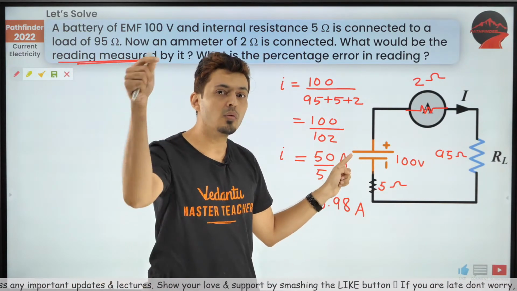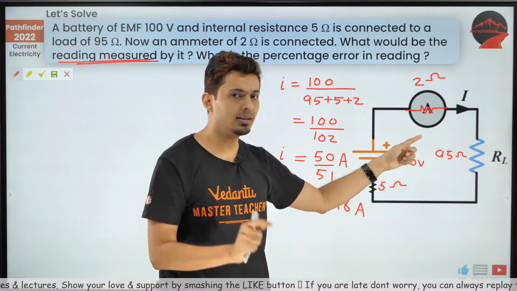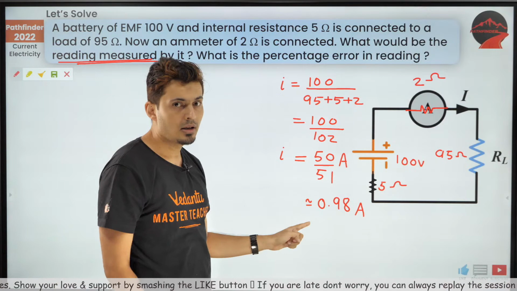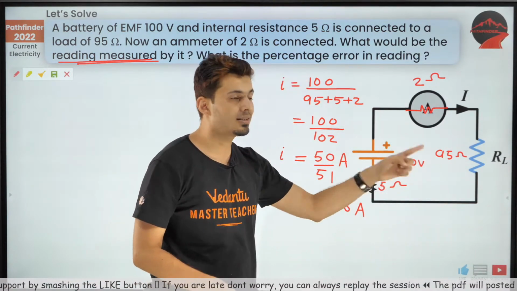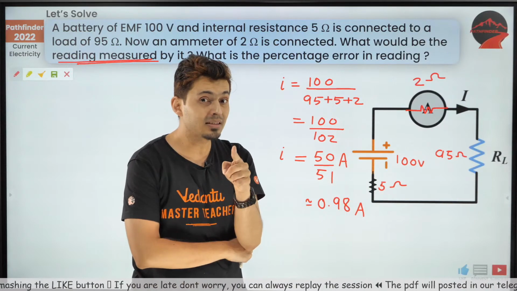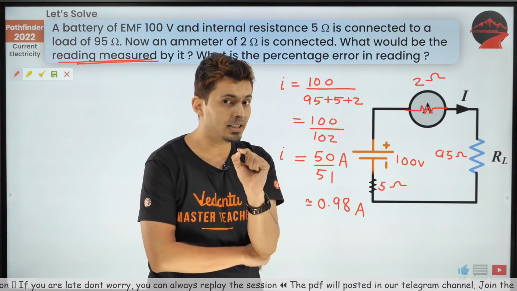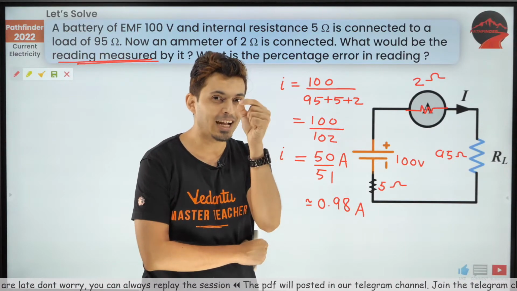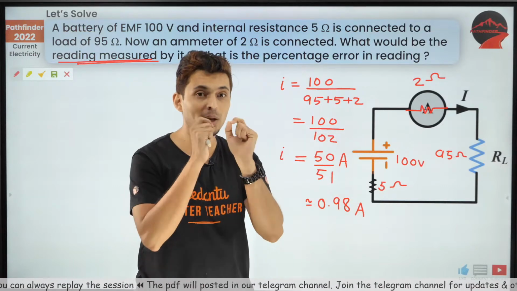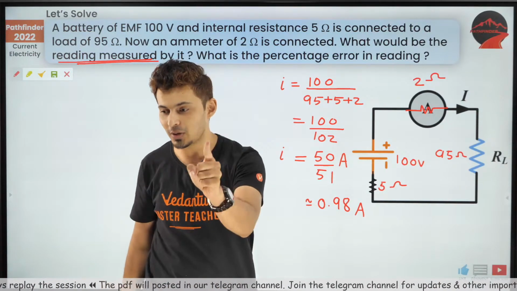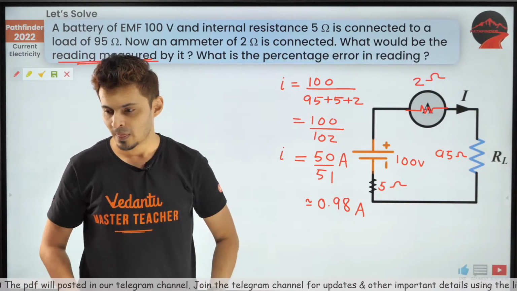Now, because you wanted to measure the current, you placed an ammeter and you measured it to be 0.98 amperes. But actually, that ammeter has changed the resistance of the circuit. That means you are not measuring the true current. You are measuring the modified current because the ammeter's own resistance has changed the equivalent resistance of the circuit. Don't you guys agree with this?